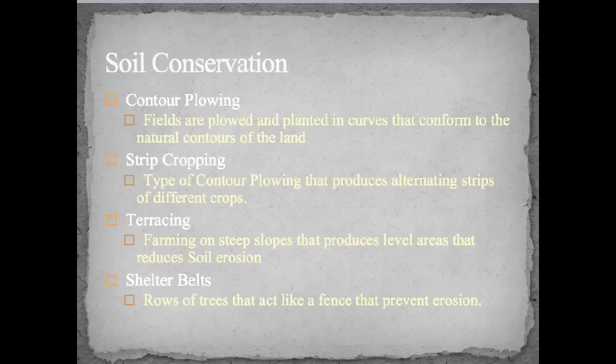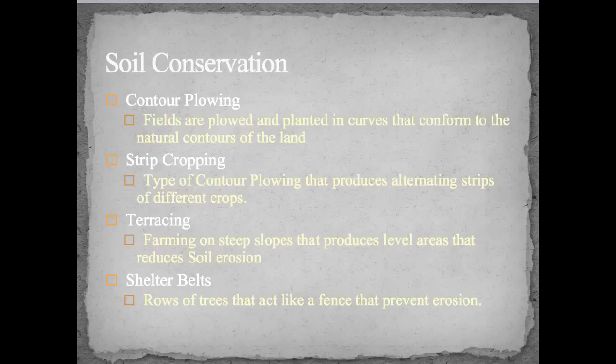Contour plowing, we'll see here in a second, is where fields are plowed and then planted in curves to conform to the natural contours of the land. Helps with water runoff. Strip cropping, a type of contour plowing that produces alternating strips of different crops.